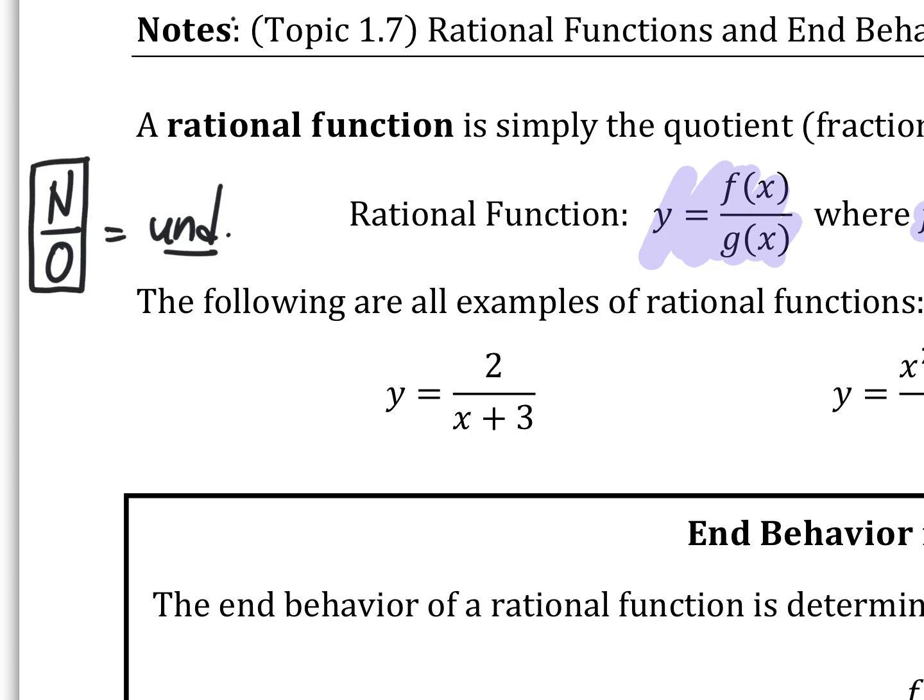So that's a cue for you: do not divide a number by 0 because it's going to be undefined. On the other hand, if you divide 0 by any number, the result is 0, so that is totally mathematically defined. So please remember these two keywords in this lesson for rational functions.